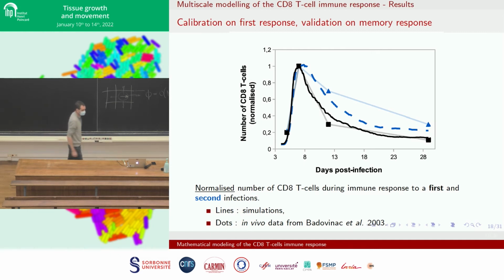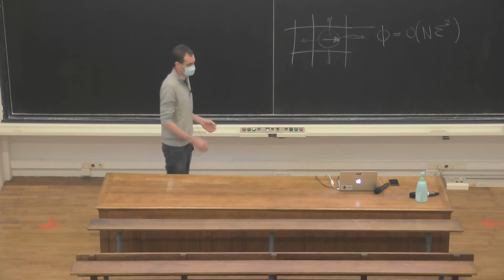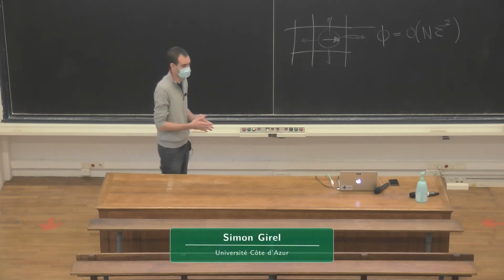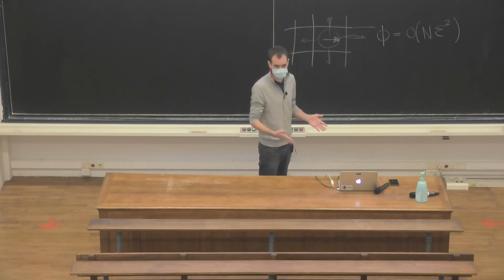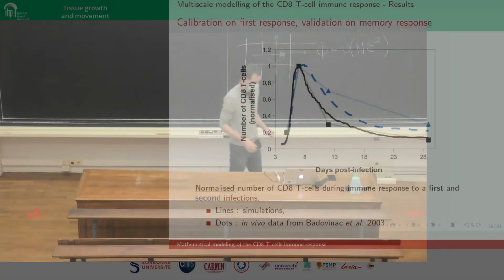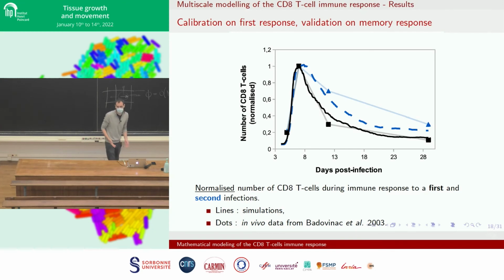Some parameters have been estimated on previous versions of this model developed by two postdocs, Sotiris Procopiou and Shefang Gao. Some parameters have been fixed at reasonable physiological values. And for the other ones, we just computed a huge collection of parameter sets and chose the best one, based on in vivo data at both the cellular and the molecular scale.